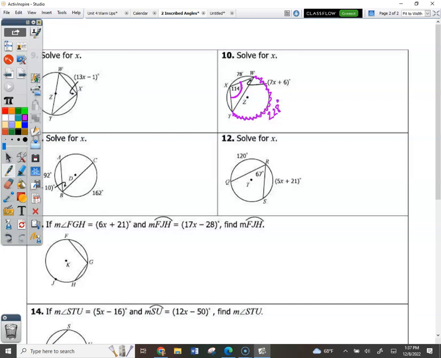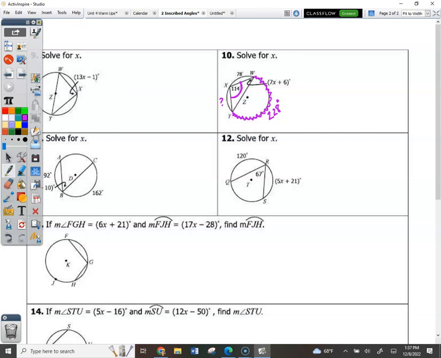Now, do I have all of the edges of the circle? No, not quite. I need to go find the one missing. Now, this one's not going to help me, right? Because I don't actually know what it is. I don't know what X is. So instead of trying to double that and set that equal to the sum of all of them being 360, why don't you just find the measure of that arc? Can I find the measure of that arc?